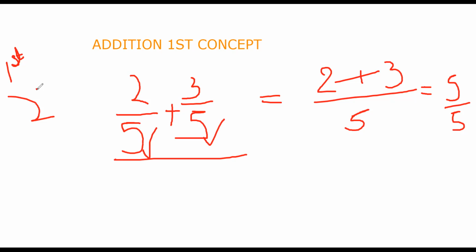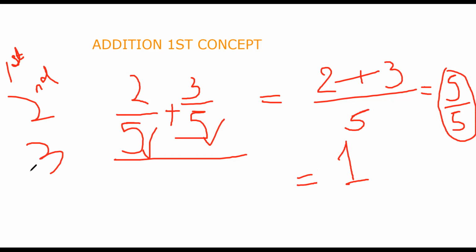The second step is to add the numerators if the denominators are the same. The third step is to simplify the answer if it can be simplified. Like we have found the answer 5 by 5 and it can be written as 1. Okay, and so the third step is finished.